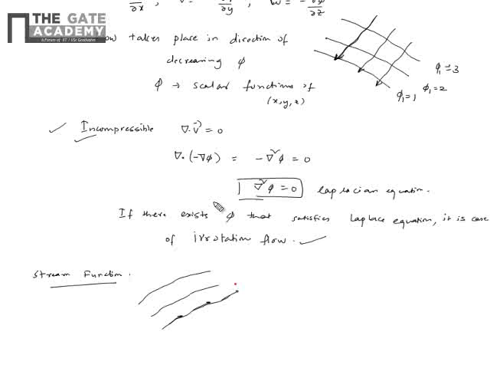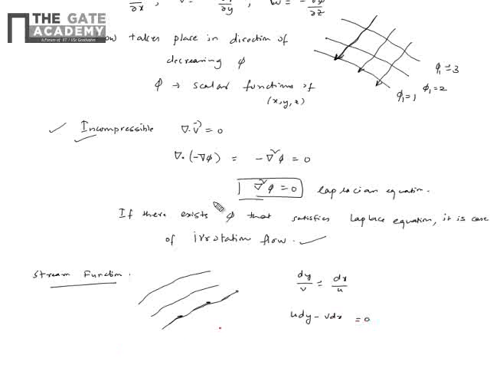A stream function is nothing but the equation of this streamline. We have already discussed that the equation of a streamline for a 2D flow looks like this. If I rearrange this, I get the equation of the streamline.